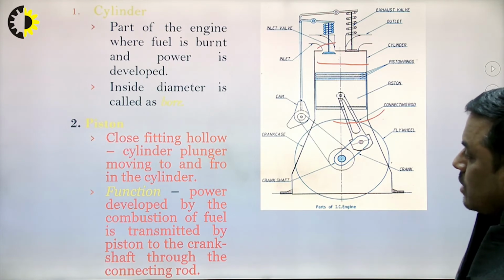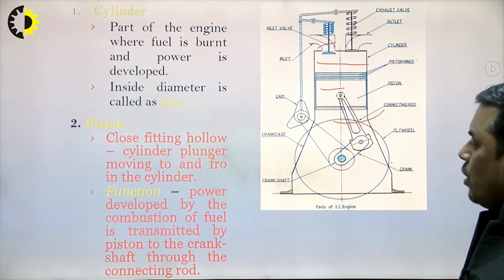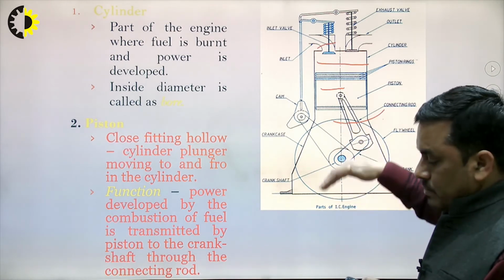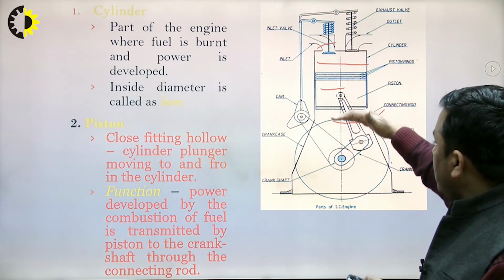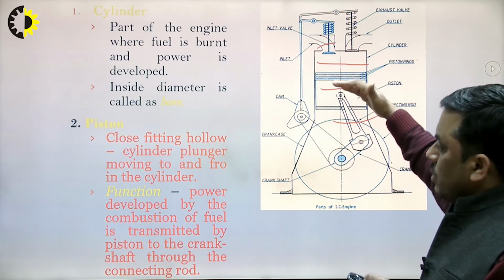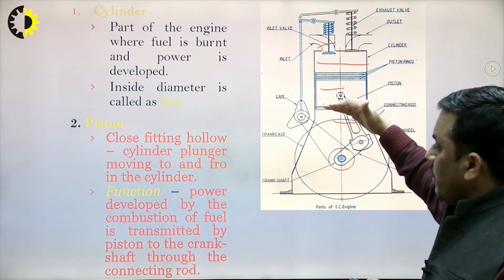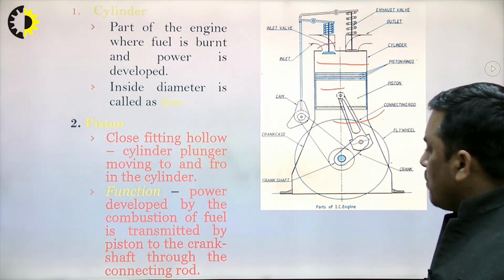Piston: this is the piston, a close-fitting hollow cylinder plunger moving to and fro. It is reciprocating, and its reciprocation is made by a 4-bar mechanism. This is the piston which causes the compression of air or fuel. Function: power developed by the combustion of fuel.